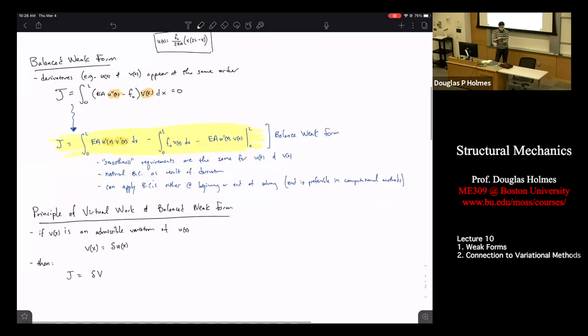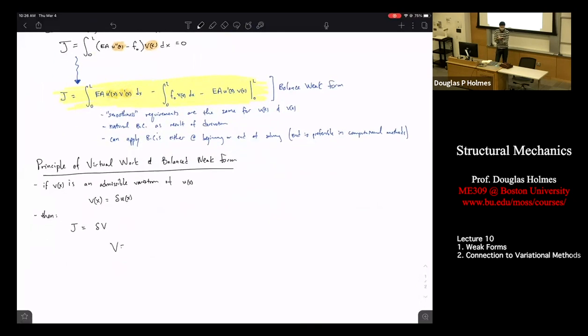So for instance, if I had just said my total potential energy is going to be my strain energy, so EA over 2 times the integral of my strain squared dx minus the work being done.